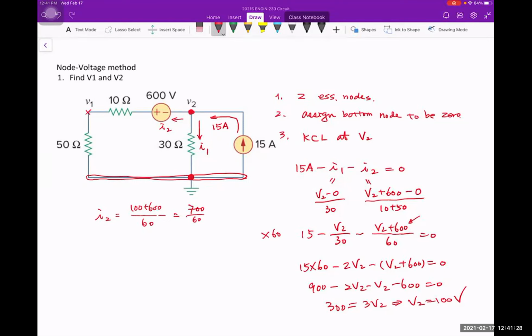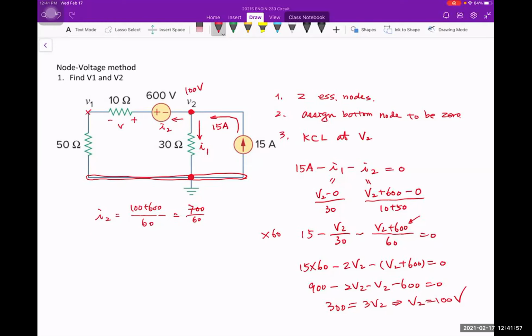Let's see. Yeah. And then when you have this current, which means you can find a voltage drop between these two, because if the current goes in this direction, this will be positive, this will be negative here. And you're going to have a voltage drop here. Then you start with 100 volt.